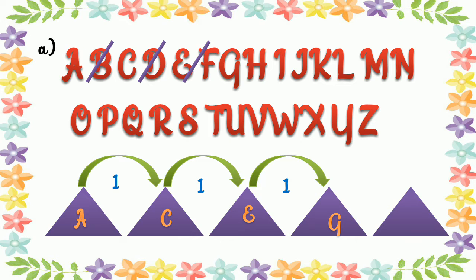Okay, our answer is G. So that's why we got H. We cut H. So how many letters do we cut? We cut one letter and that's why our answer is I. So here we write I.